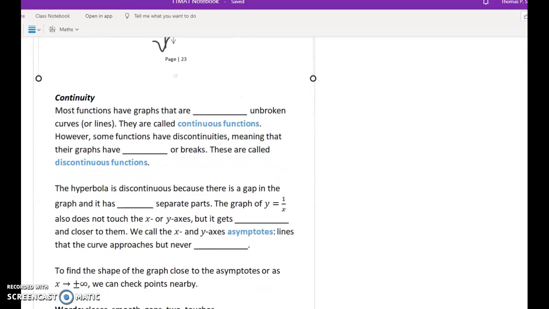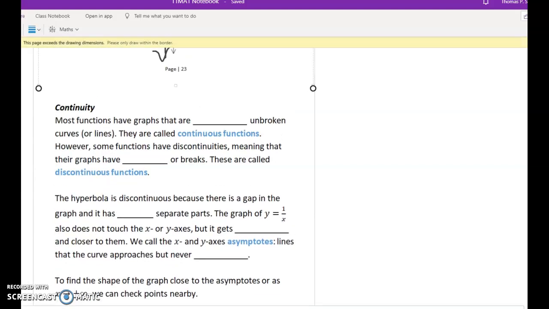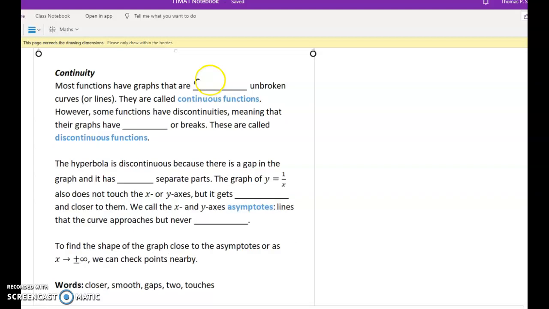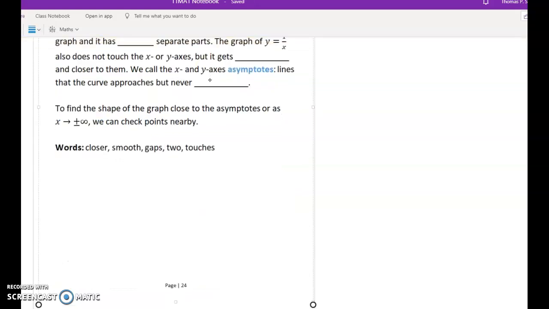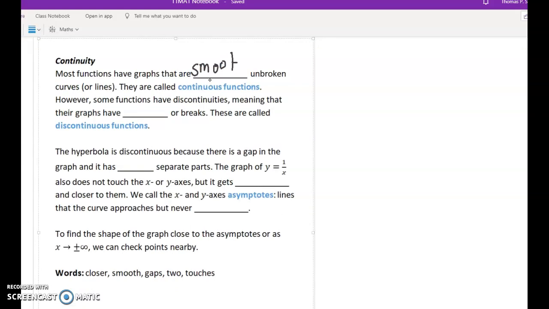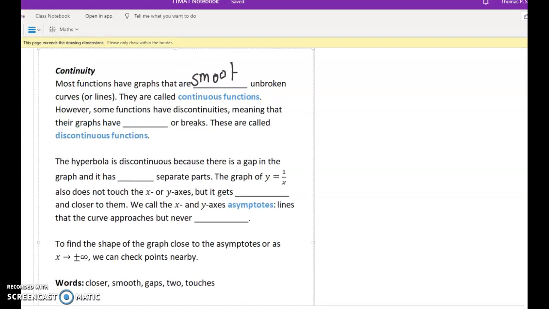Okay, so just a little point here on continuity. So most functions have graphs that are smooth, unbroken curves.